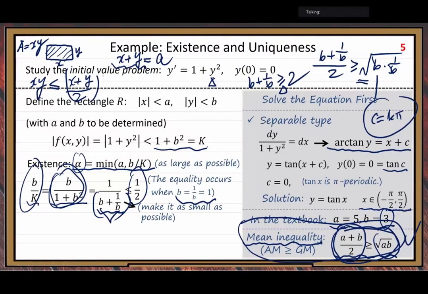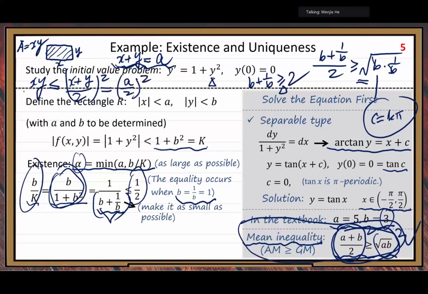Because here you take the square of both sides, the root and square are gone. You replace AB by X and Y. Then (A plus B) over 2, by the assumption, is a fixed number, so ((X plus Y) over 2) squared is a fixed number.